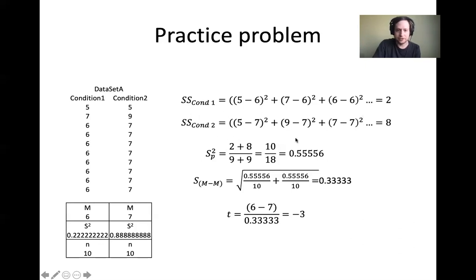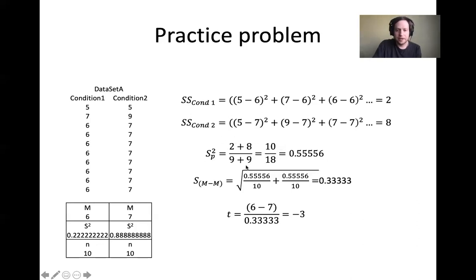The general structure is sum of squares 1 plus sum of squares 2, divided by the degrees of freedom for condition 1, which is 10 minus 1, plus the degrees of freedom for condition 2, which is 10 minus 1, which is 9. By the way, that equals the total degrees of freedom I just mentioned: the total sample size 20 minus 2 is 18, and that's the denominator. You could think of the denominator as just the total sample size minus 2, or the overall degrees of freedom.